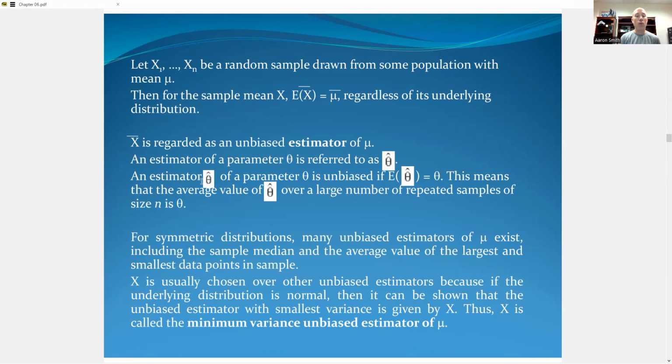So an estimator, theta hat, of the parameter theta is an unbiased estimator if its expected value is equal to the value we are trying to estimate. All right, what does that say? It works out that my best estimate of a value could be biased.